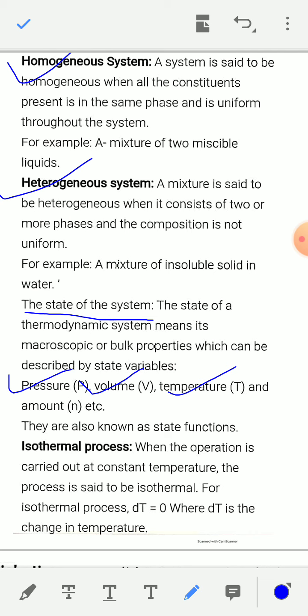The state of a system is determined by some measurable properties, also called macroscopic or bulk properties, which are pressure, volume, temperature, and amount of substance, expressed as mole number n. These are also called state functions because these properties describe the nature of the system.